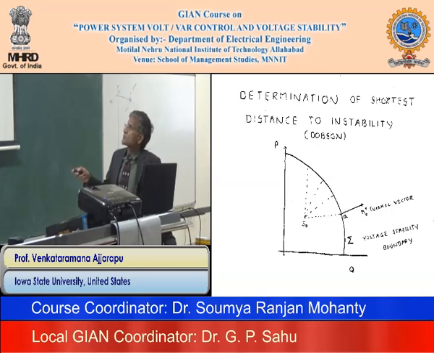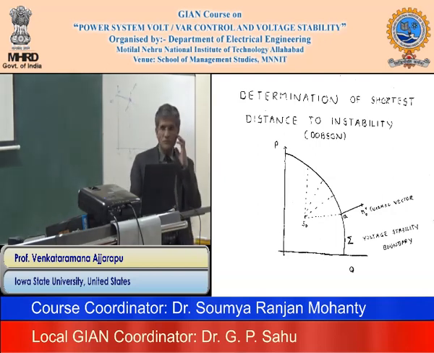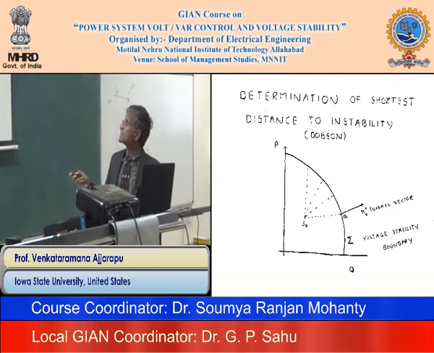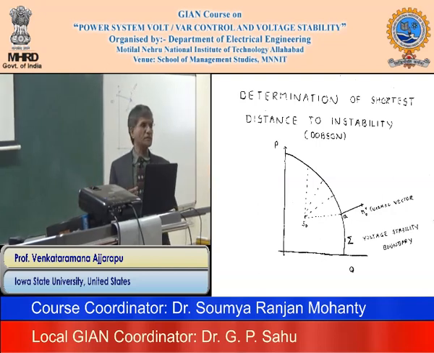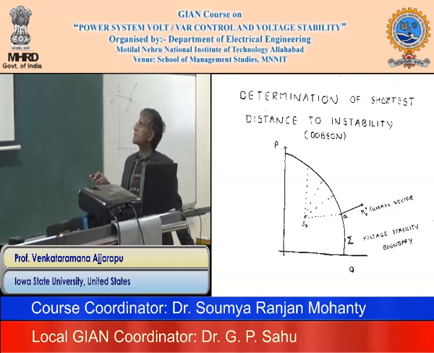So you started with some initial real power and reactive power, and I can increase that in a certain direction, right? That means a certain P by Q ratio, and when I am increasing the P, you are also increasing the Q at the same ratio. Now, depending on how you move, you will get different critical points.